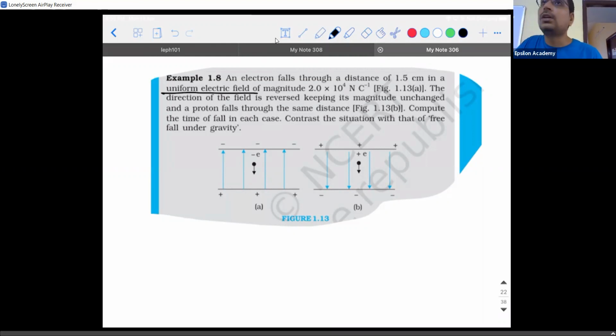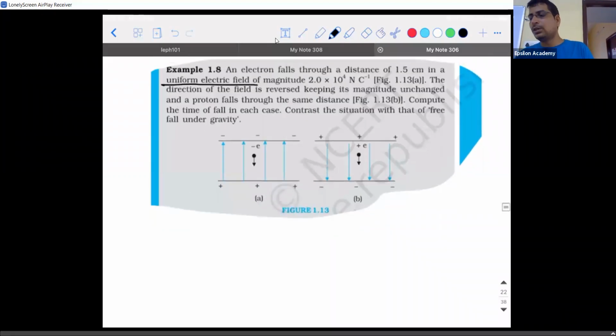There is a proton that falls through the same distance of 1.5 centimeter. Compute the time of fall in each case. Contrast the situation with that of a free fall under gravity. So you need to analyze the situation and tell in terms of free fall under gravity. Let's try to solve this.